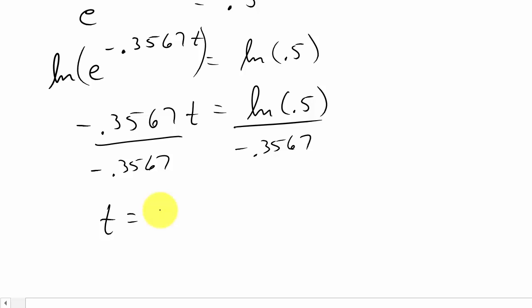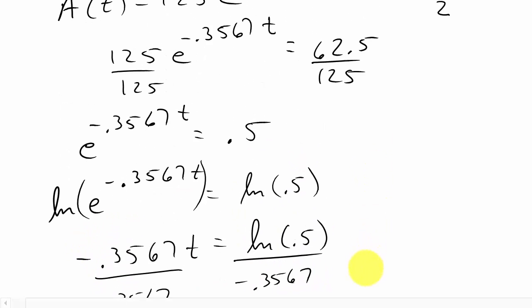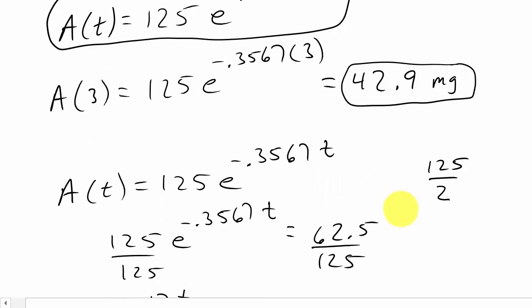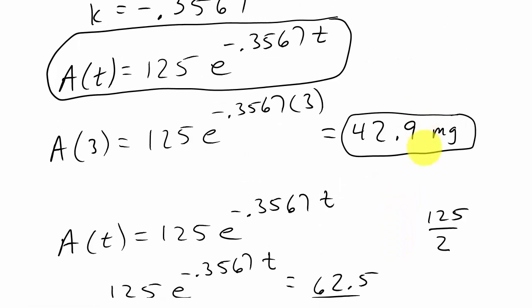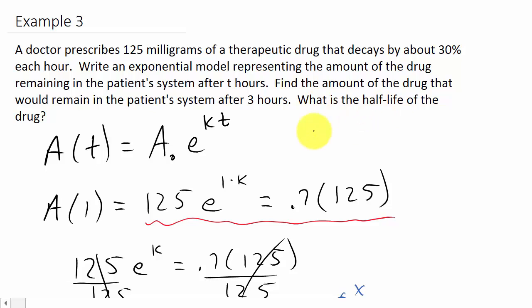That gives me, rounded, 1.9. And what are we in? Hours. So that's 1.9 hours. That's the half-life, and that answers this part of the question.